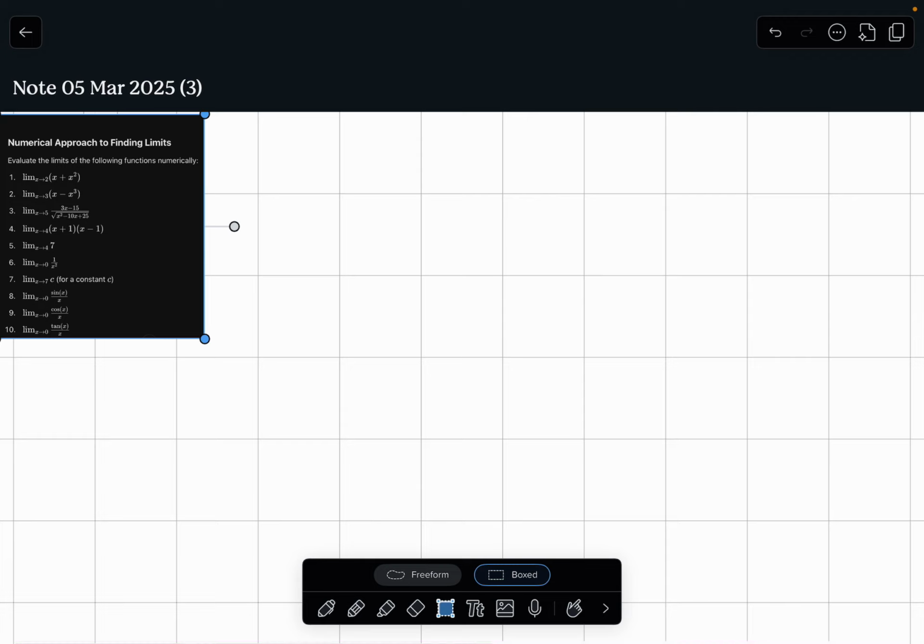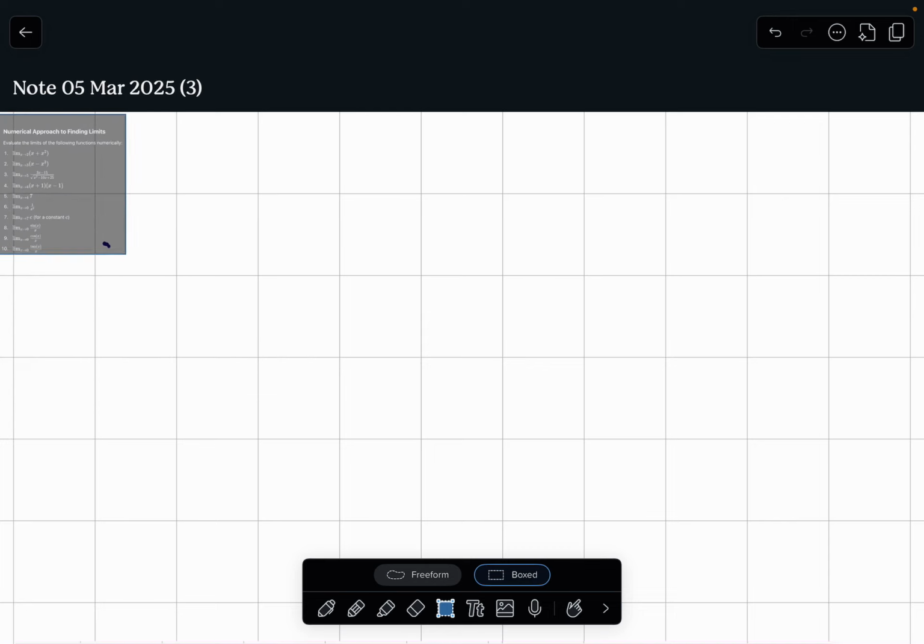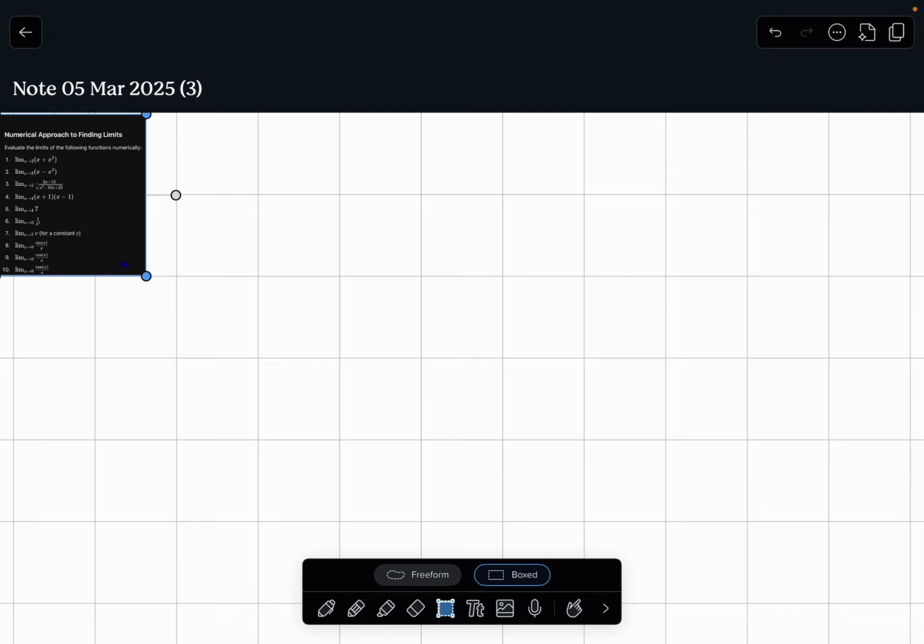The first question, we have this question. Let me decrease this, it's too big. Yeah, let me put it like this. We are evaluating the first limit using the numerical approach.